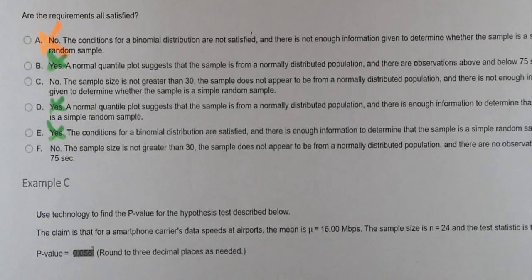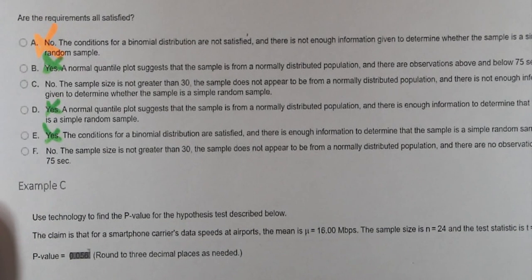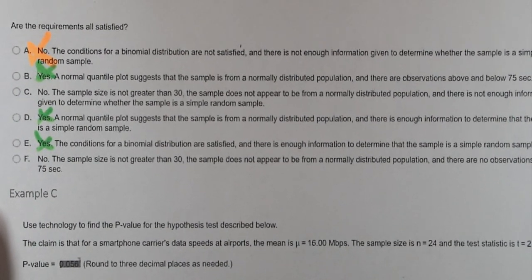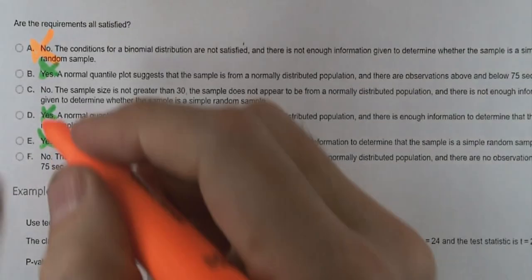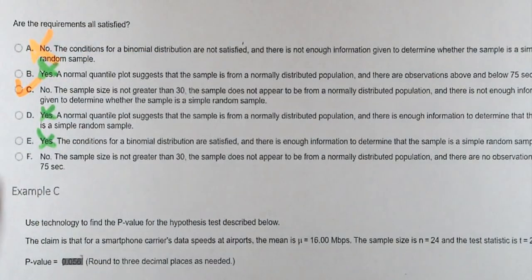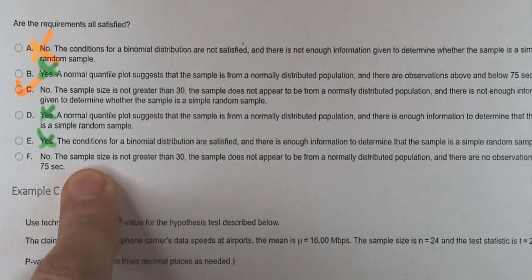No, the sample size is not greater than 30. The sample does not appear to be from a normally distributed population, and there is not enough information given to determine whether the sample is a simple random sample. That seems like it's checking all the boxes here for us, right? So that one is the right answer. You can double check it by just checking this bottom one. No, the sample size is not greater than 30.